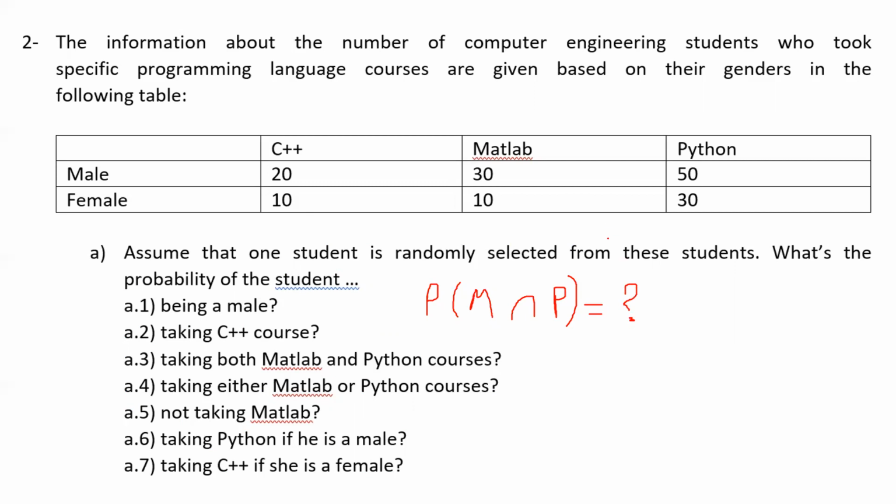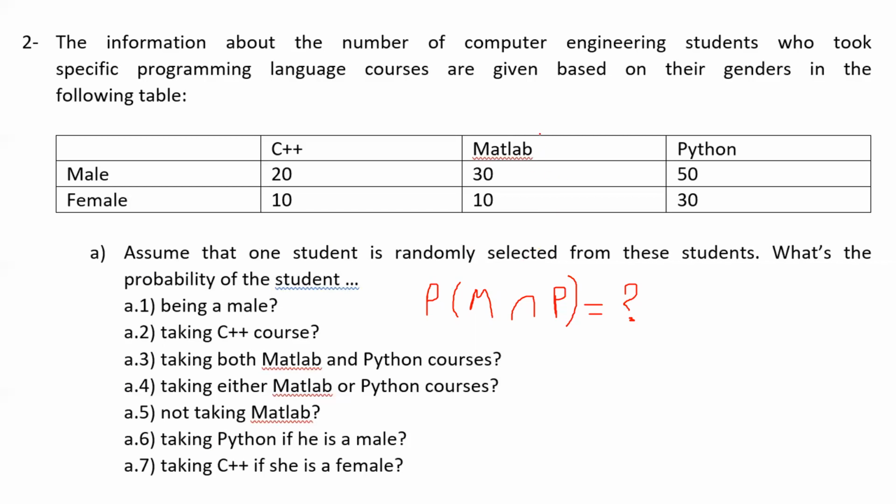Actually, for tables, it's very easy, because when we are talking about intersection, sometimes we should check whether they are independent or not. Then by finding their multiplication, as I explained to you in the lecture, then you should find it. But when we have the complete table, it's very easy to find intersection, even easier than marginal probabilities.